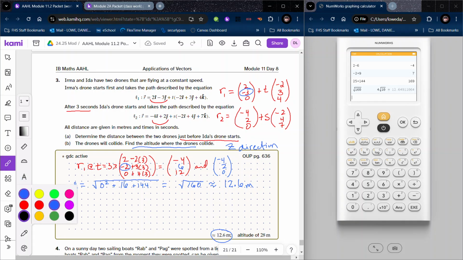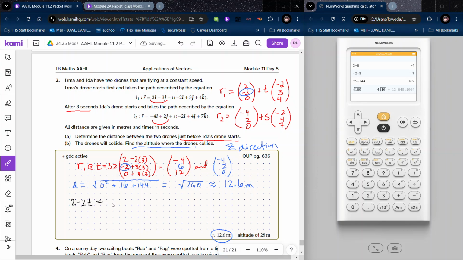Let's set up our system: 2 minus 2t must be equal to -4 minus 2s, and -3 plus 3t must be equal to 2 plus 4s, and 0 plus 4t. Whoops, this should be an s. I want to make sure we keep our parameters correct. So 0 plus 4t needs to be equal to 0 plus 7s.